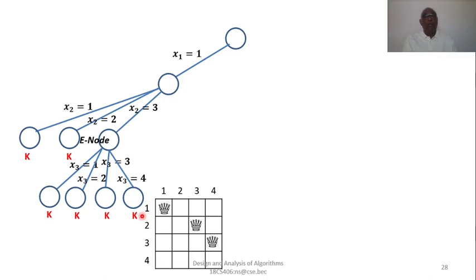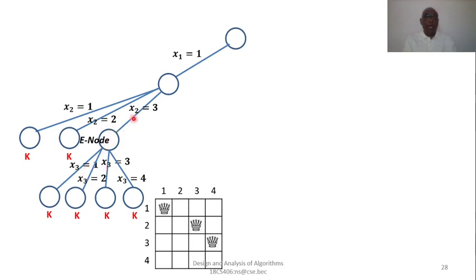Now what should be our next step? All the children of this E node, the node being expanded, are explored, and we found that none of them satisfy the bounding function at level k equal to 3, because we have explored all the possible values of x3.